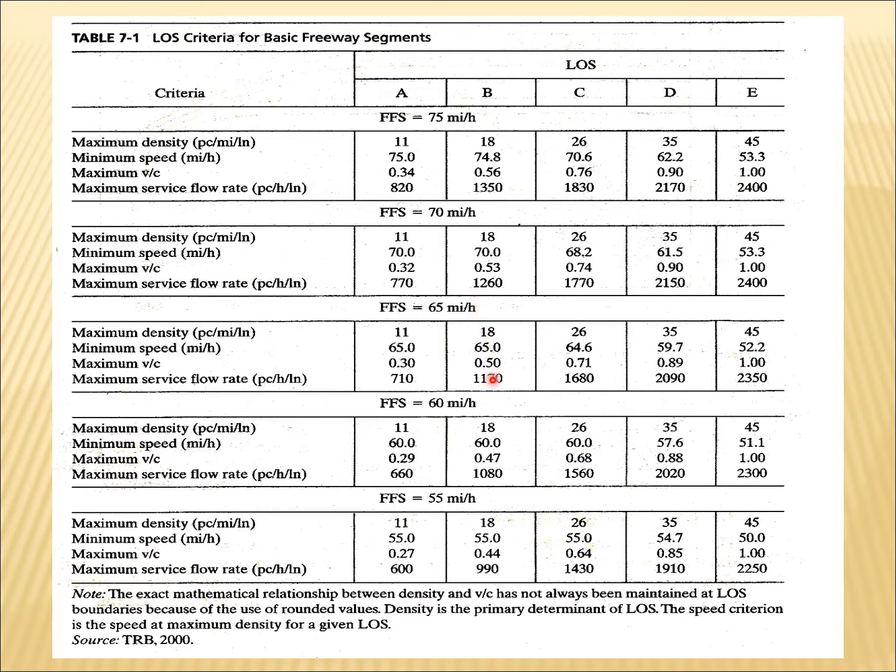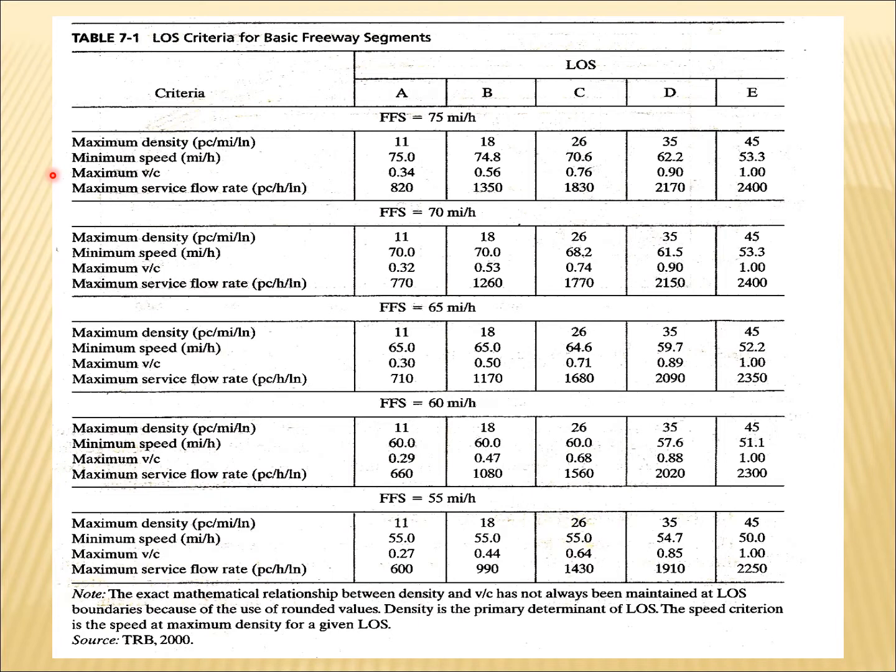You can see the speeds are mentioned, and for every free flow speed you can see the maximum density in passenger cars per mile per lane, minimum speed in miles per hour, and a maximum V over C ratio.